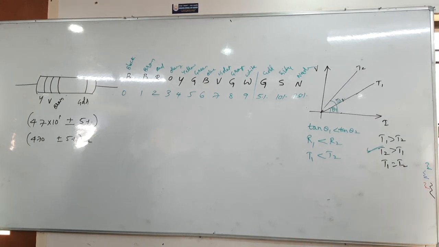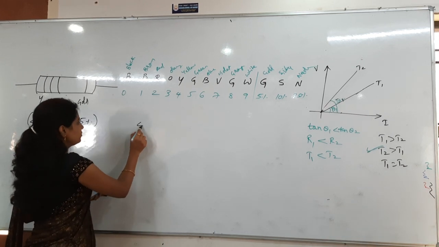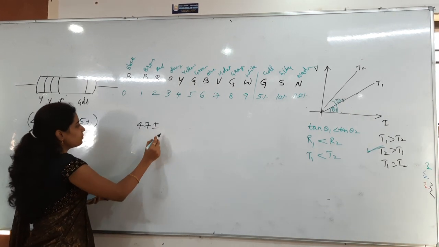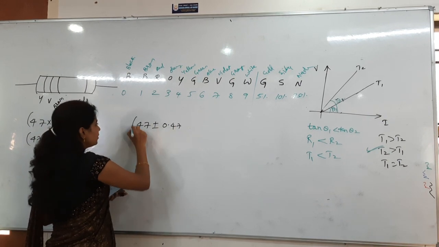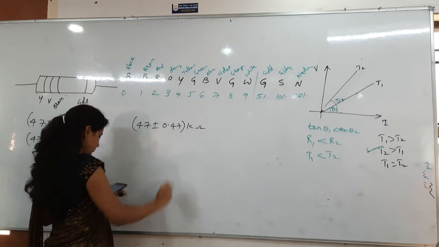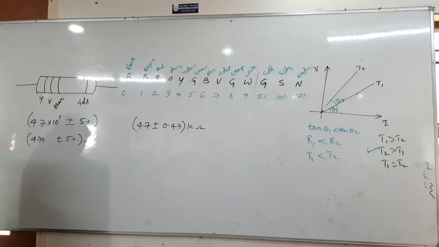Next problem, the 2018 problem. A carbon resistor of 47 plus or minus 0.47 kilo ohms is to be marked with rings of different colors for its identification.